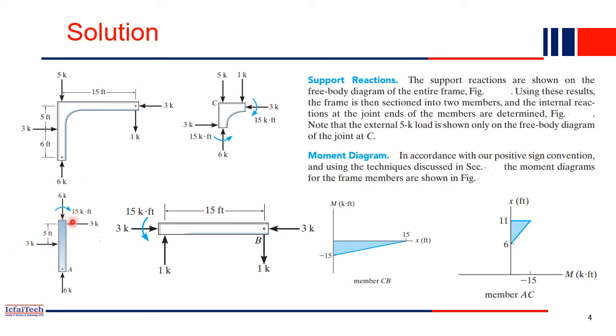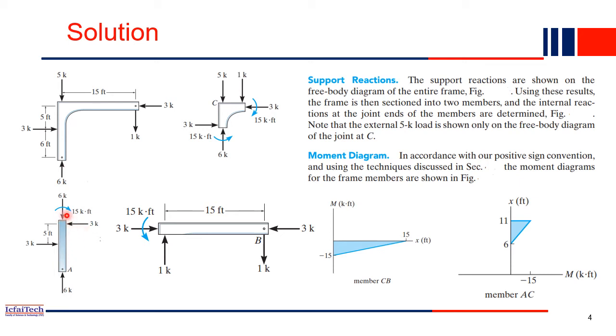Now what will be the moment? Only one moment will be there at this point. This 6K is passing through this point, so there is no moment because of the 6K. But this 3K, if you see, is not passing through this point, so 3K will produce some moment. What is the moment? 5 into 3, 15, it will produce, which is in the clockwise direction.